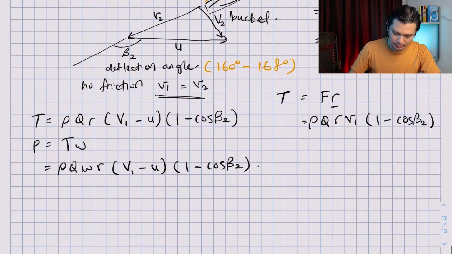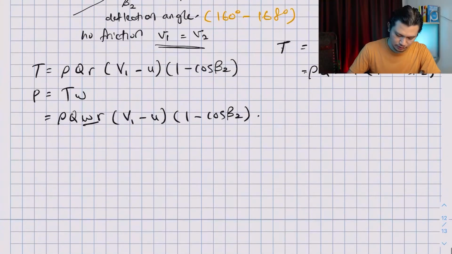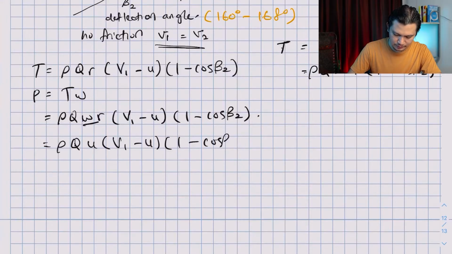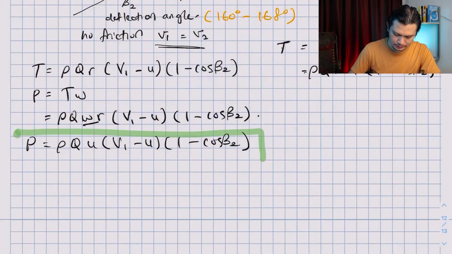Omega times R is equal to U. So this is going to be rho Q U (V1 minus U)(1 minus cos beta 2), and that is your final equation for power.